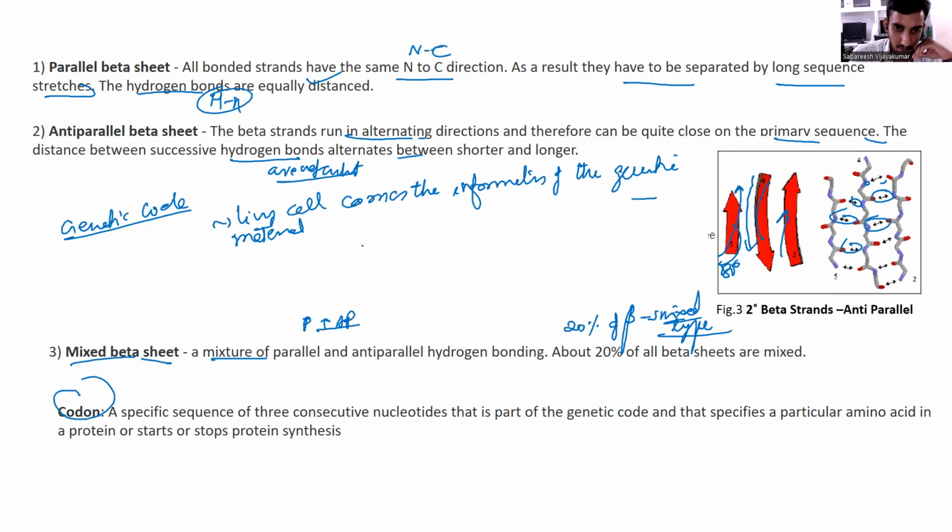A codon is a specific sequence of 3 consecutive nucleotides that is a part of this genetic code, and which refers to a particular amino acid in a protein. So there is a particular code or codon. It's an arrangement of 3 consecutive nucleotides, maybe GCU, AUG, GCC, any type.